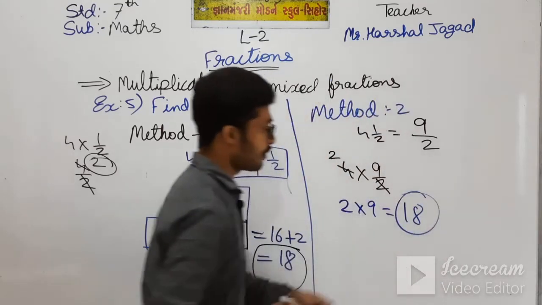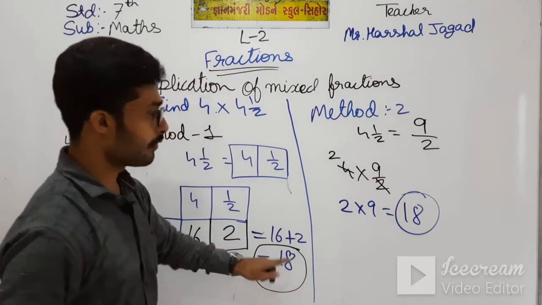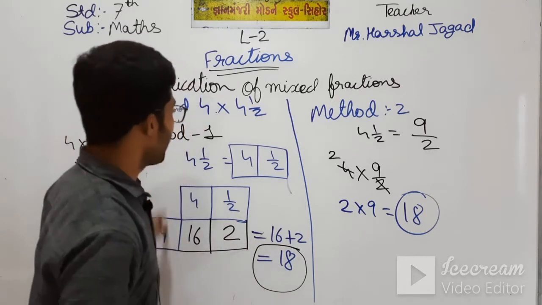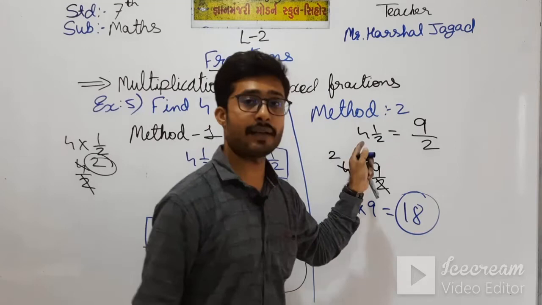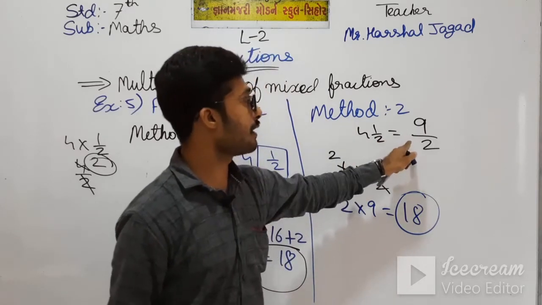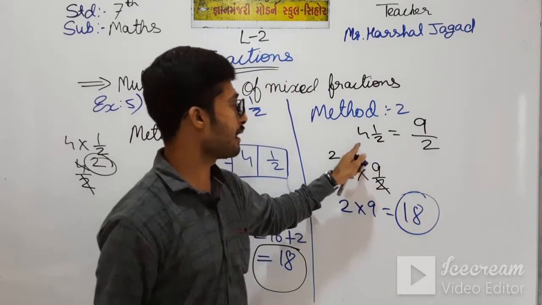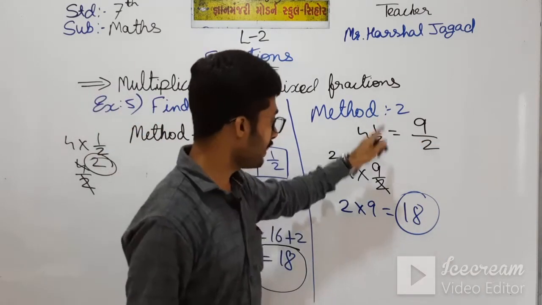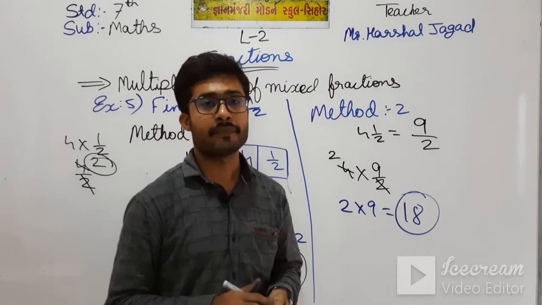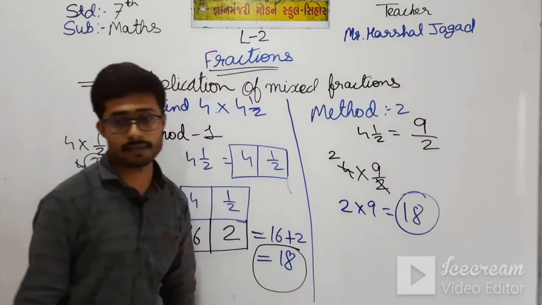So here also we get 18, here also we get 18. This method is known as box multiplication, and this is the second method, in which first of all we convert this into the improper fraction and then we solve it. Okay students, if you want to write, please note down this.